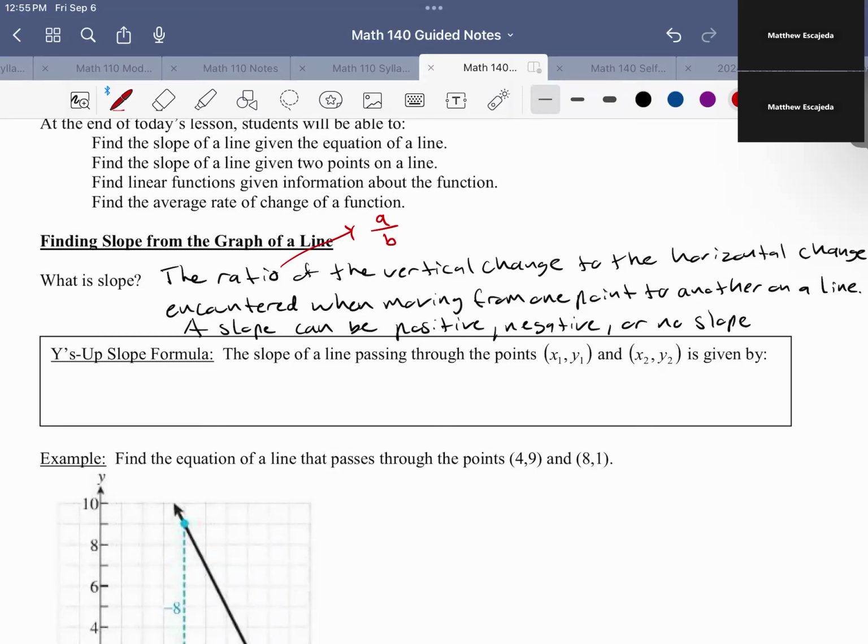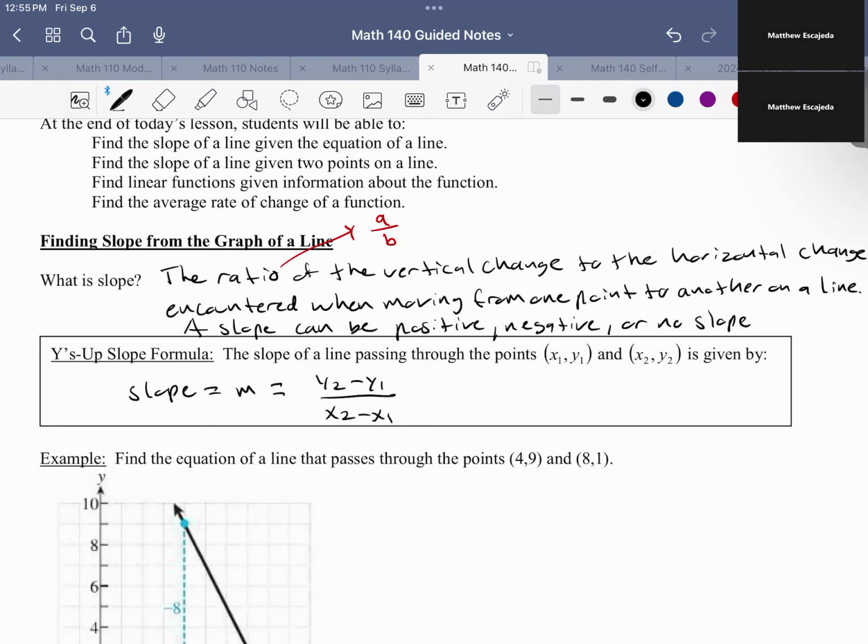Here is something called the "Y's up" slope formula. The slope of a line passing through 2 points (x1, y1) and (x2, y2) is given by slope equals, sometimes written as m, y2 minus y1 over x2 minus x1.